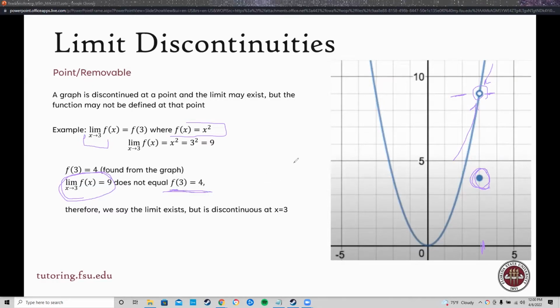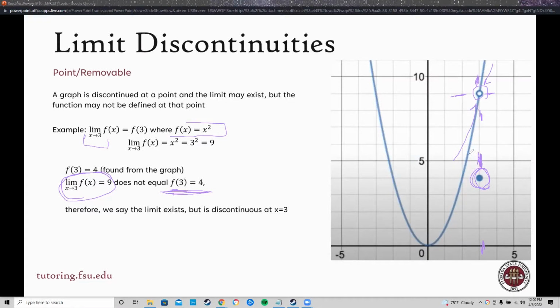So whenever there's a hole or a point that's being specified outside of the graph, the exact y value you're asked to put down is whatever that point is. So it's not what the limit is up here. The y value at f of 3 is equal to 4, but the limit of f of x when x approaches 3 is equal to 9.